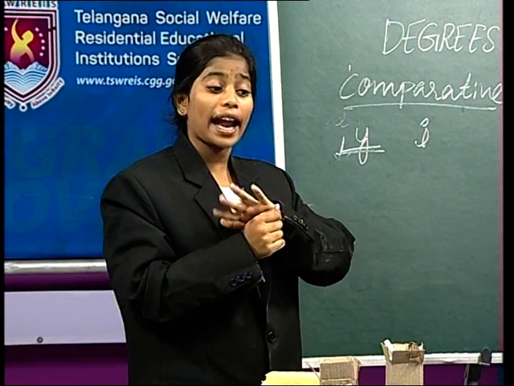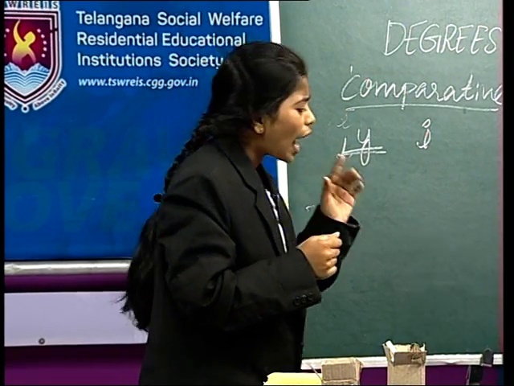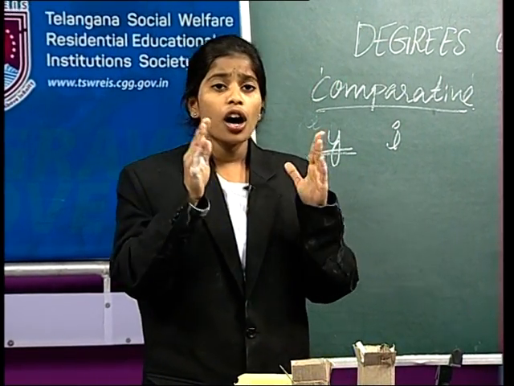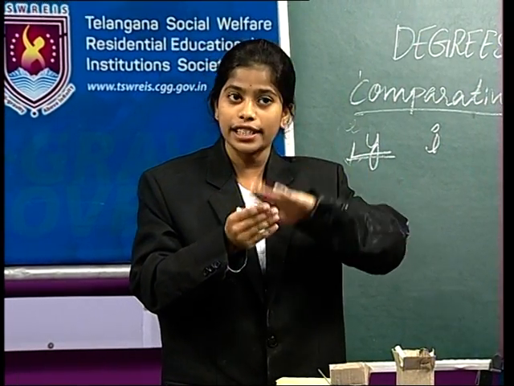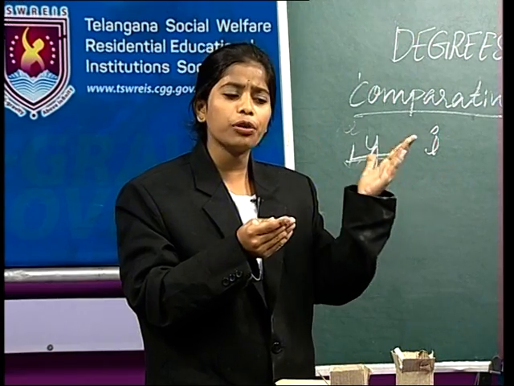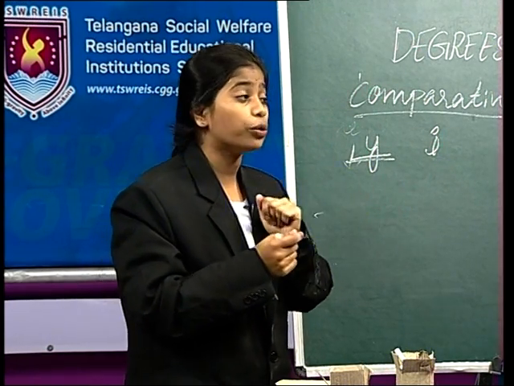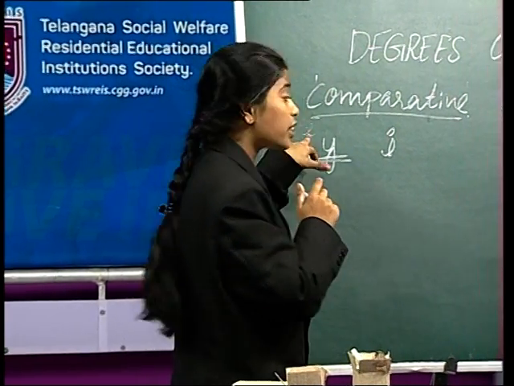So let us take an example for these two. And with a common adjective such as big, the final G is doubled in the comparative and superlative forms. Let us take an example for this.